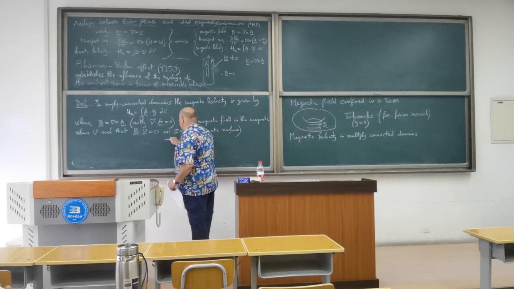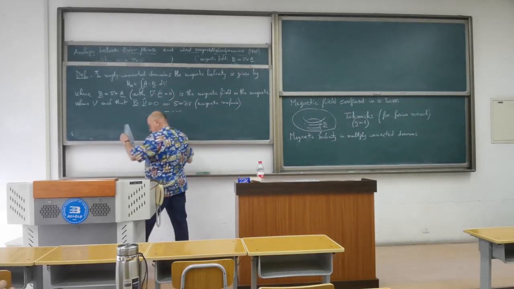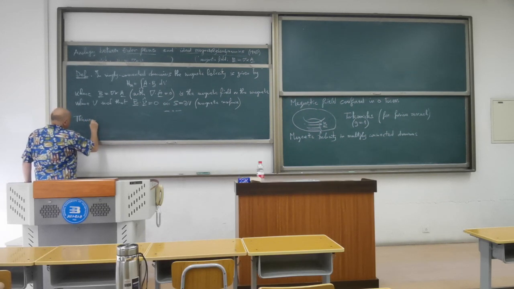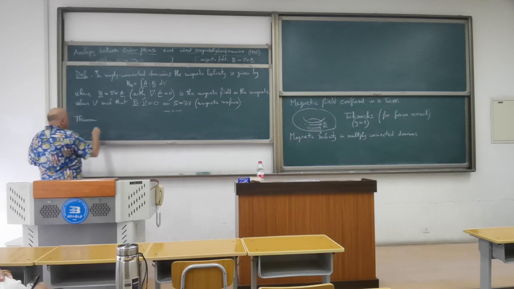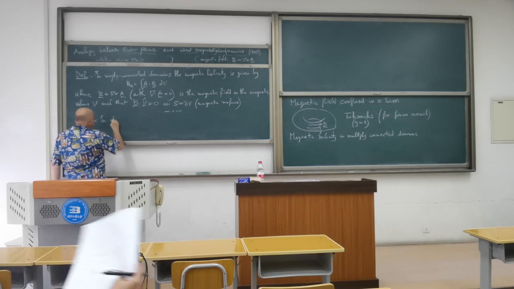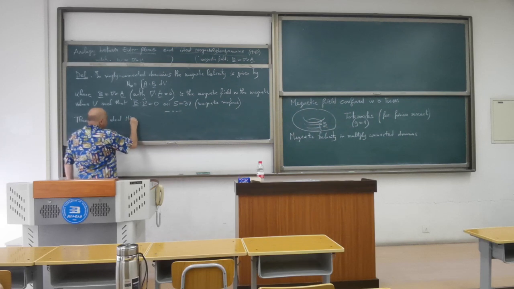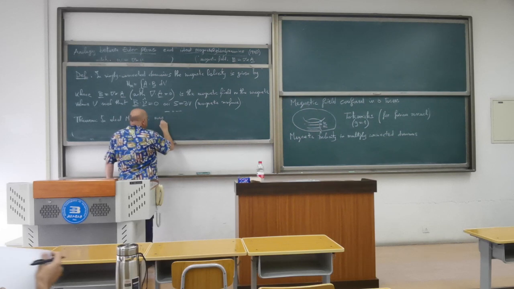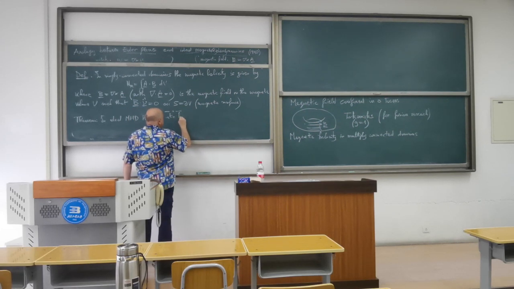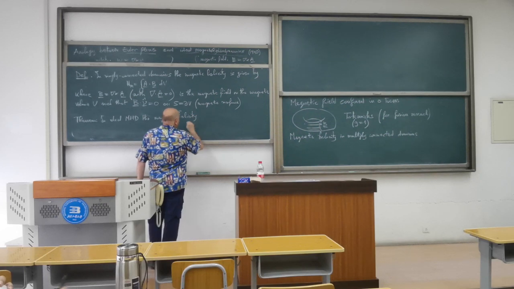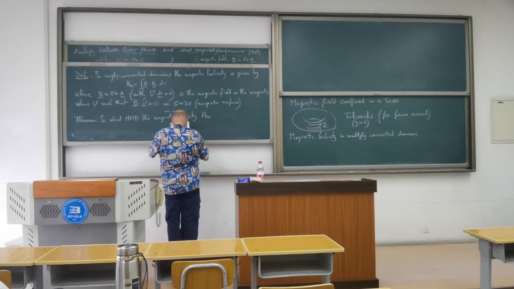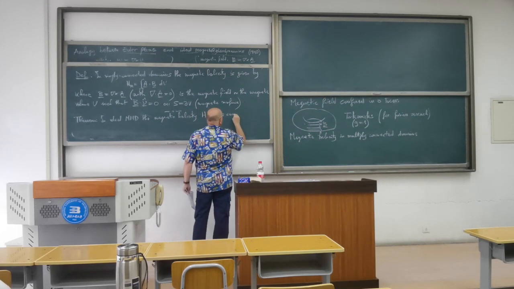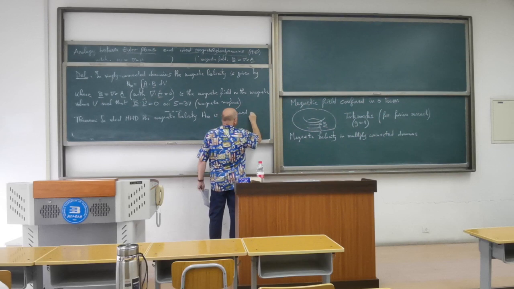Okay, so this is the definition, and then we can just state as a theorem, no proof, just mentioning it: in ideal MHD, magnetohydrodynamics, the magnetic helicity H_M is a conserved quantity in time.